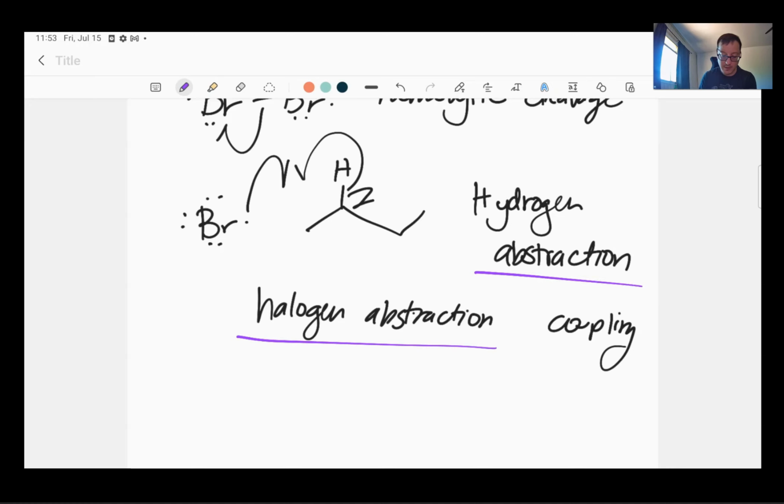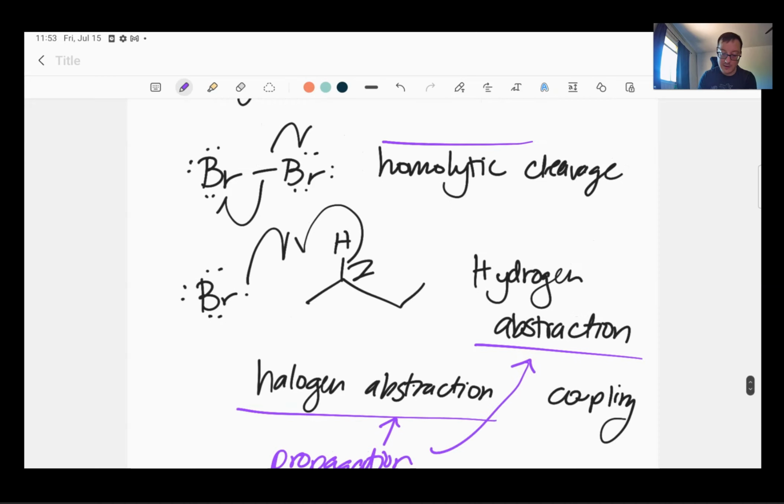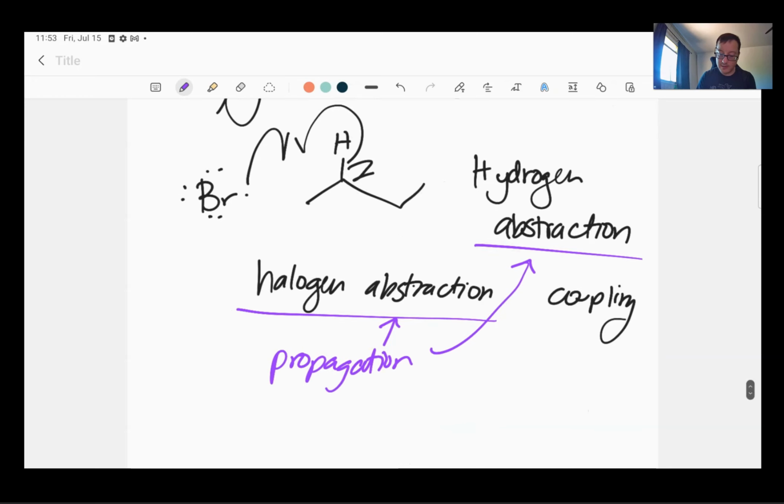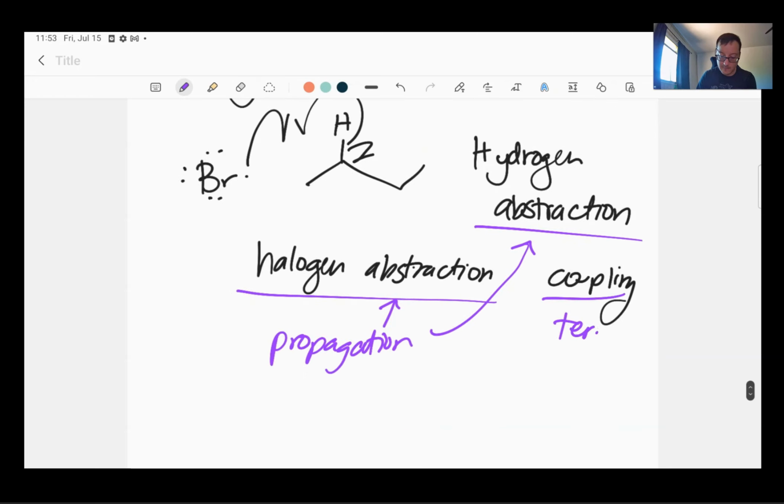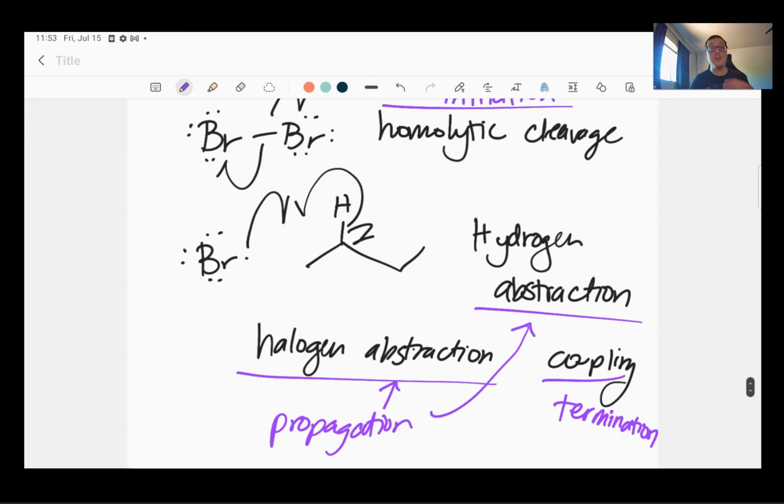These ones are both in propagation. Homolytic cleavage is in initiation only, and coupling is in termination. Okay, so you will be asked to name the types of reactions.